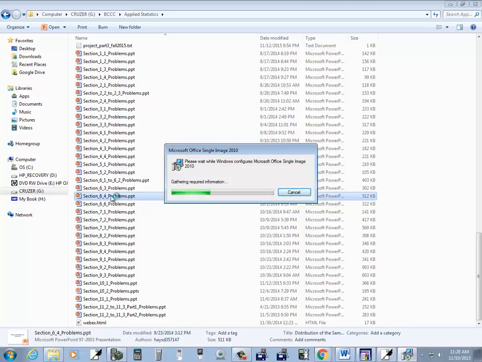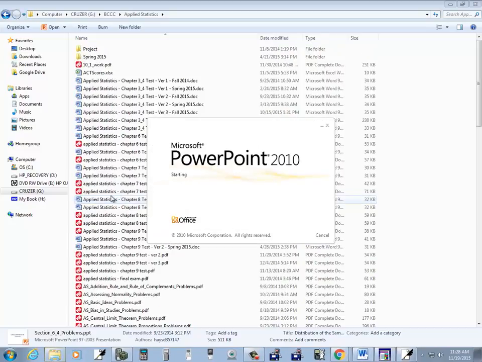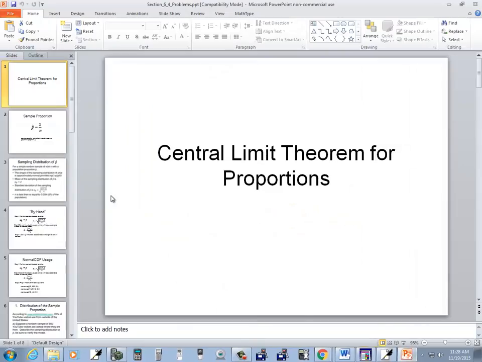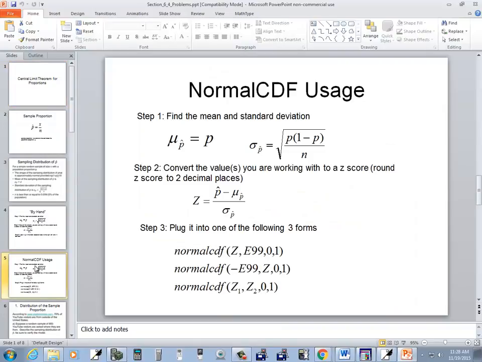Unfortunately, my computer's kind of slow. I guessed right. Okay.